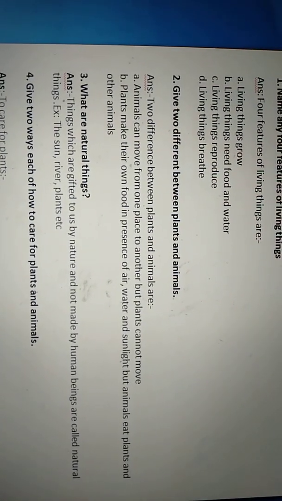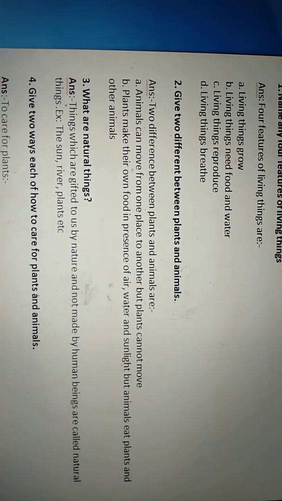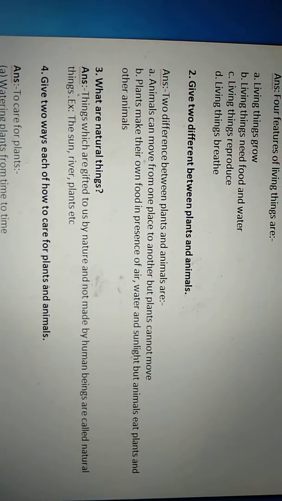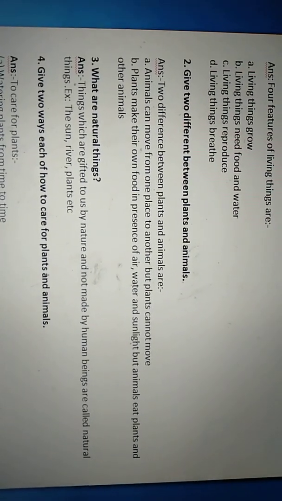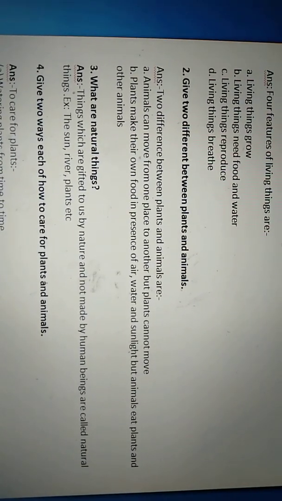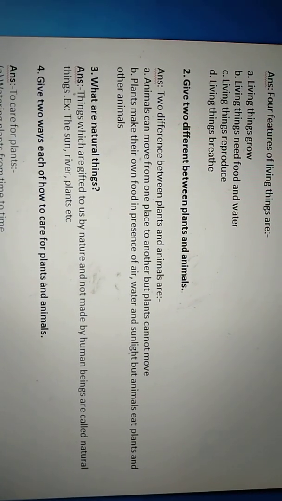Example: the sun, river, plants, etc. It's very easy. I have already taught you. What are natural things? Things which are gifted to us by nature and not made by human beings are called natural things. Example: the sun, river, plants, etc.